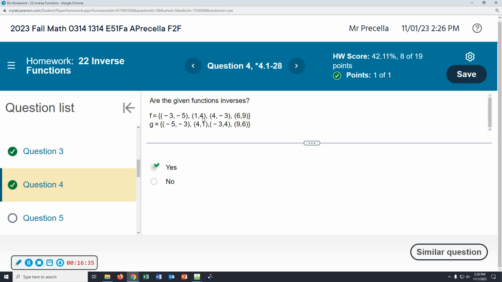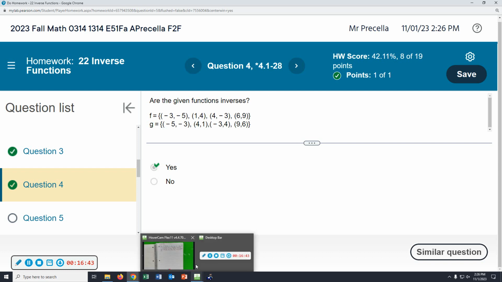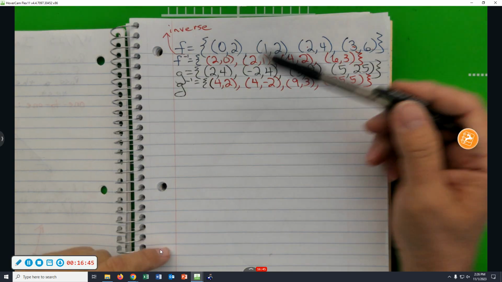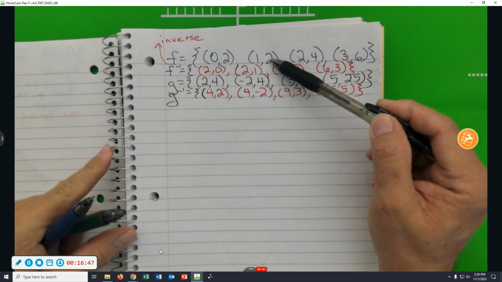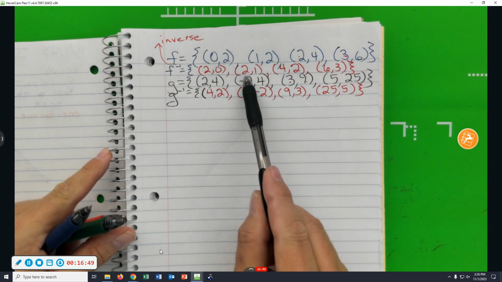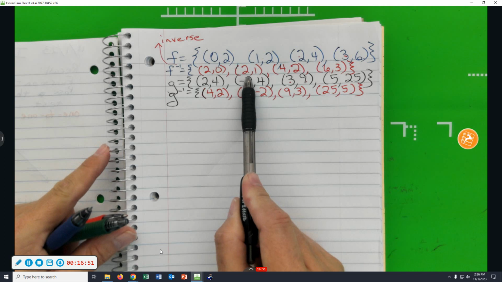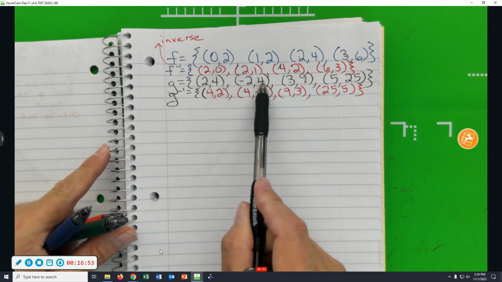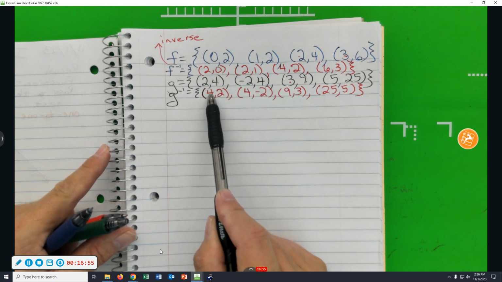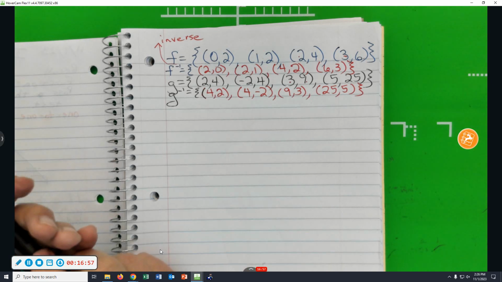You can't have repeated y's in the original function. If you have repeated y's in the original, they become repeated x's in the new function.